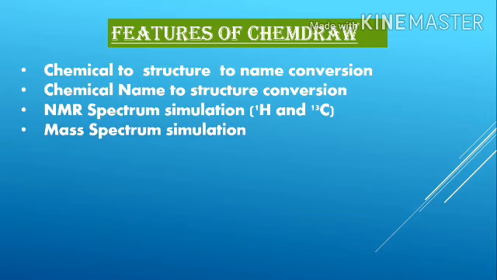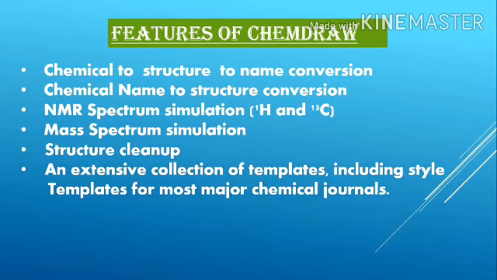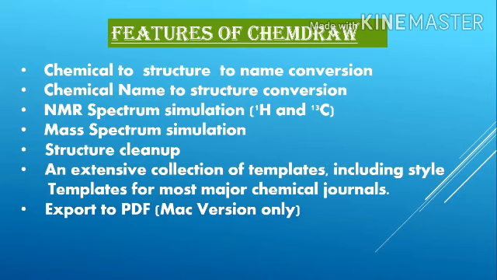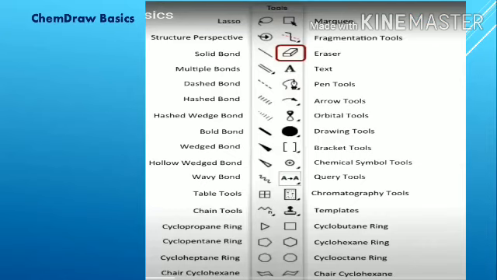It can also give an idea about mass spectrum simulation, structure cleanup, and there is an extensive collection of templates, including style templates for most major chemical journals. It can export to PDF, but that is available for the Mac version only. These are the basic Chemdraw tools you can see over here.